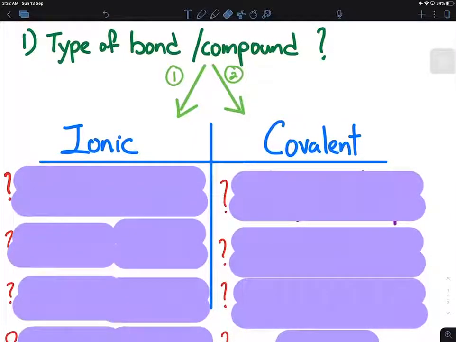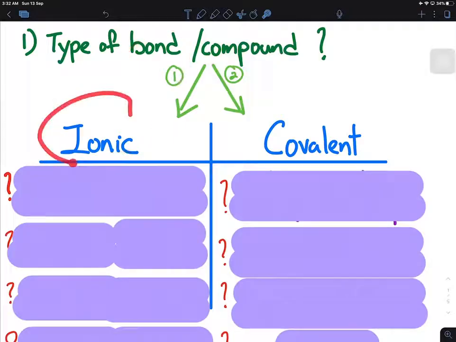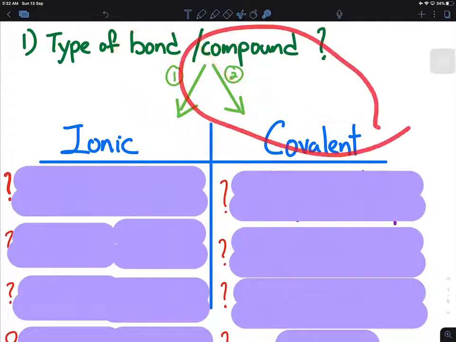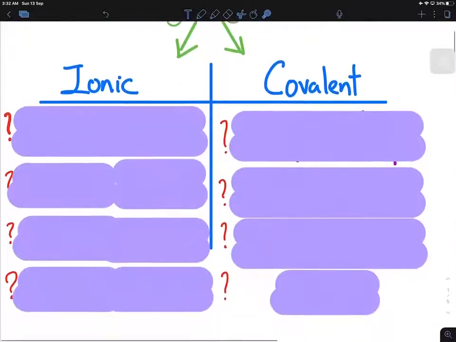So if they are asking for bond, your answer will be ionic bond or covalent bond. If they are asking compound, your answer will be ionic compound or covalent compound. What is ionic and covalent compound actually?